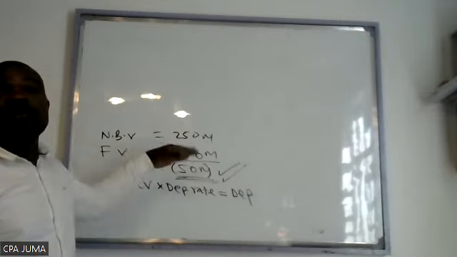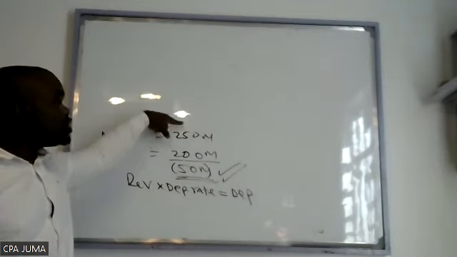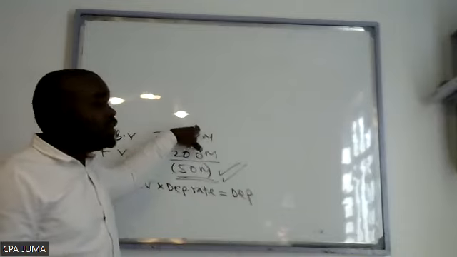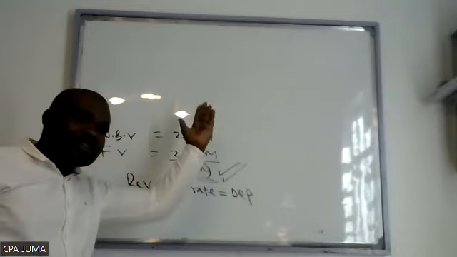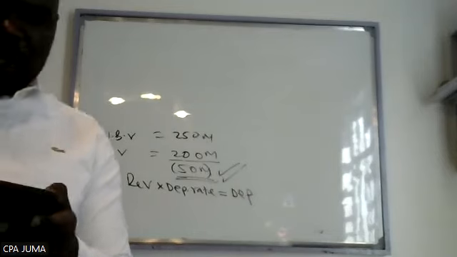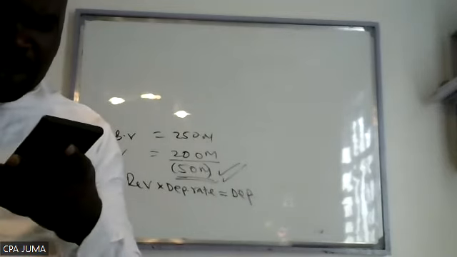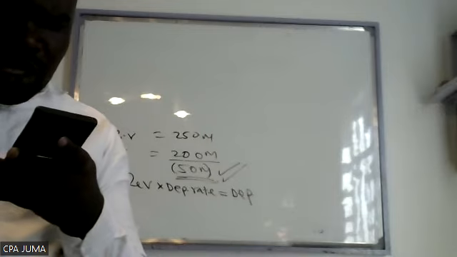It will be treated like a URP. It means they were charging excess because they were depreciating the 250 instead of depreciating the 200. So there is nothing big, it's just the opposite of what is required. Brian, I hope you have understood that. So there will be no big issue at all.